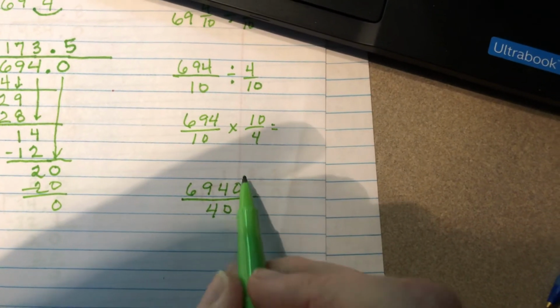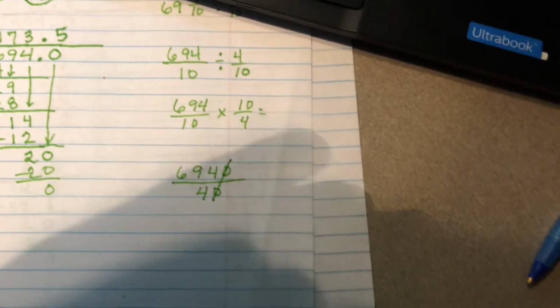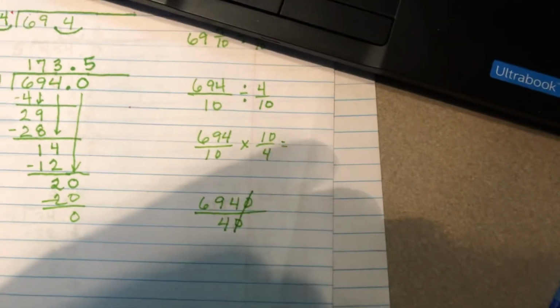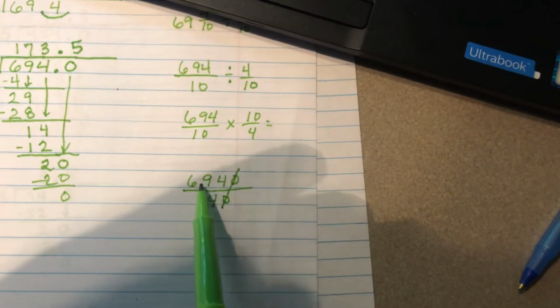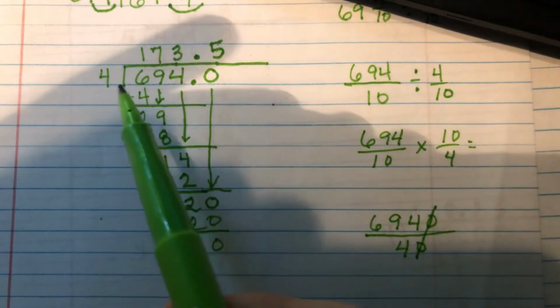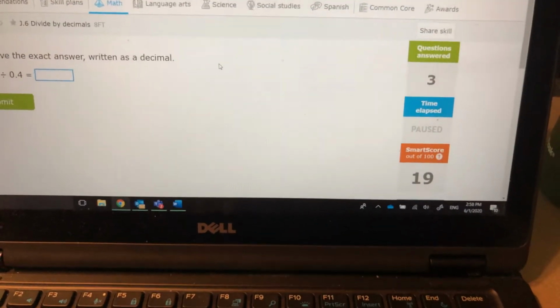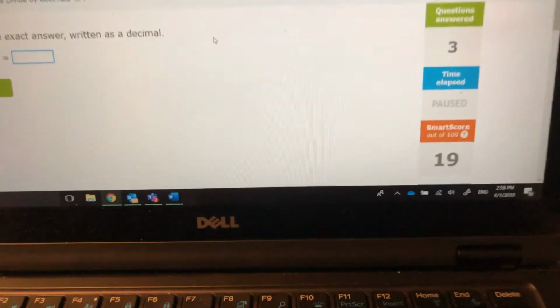Well, we have this one place value here. We can cancel out the zeros. So now we really have 694 over 4, or 694 divided by 4, which is what we ended up with here. Okay? You see? They both work together. 173.5.